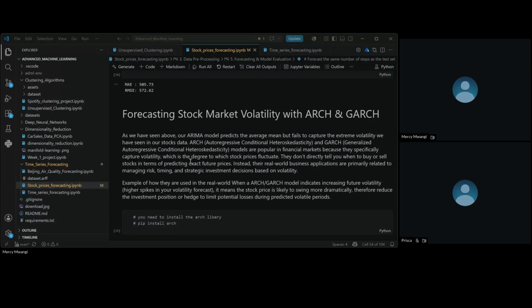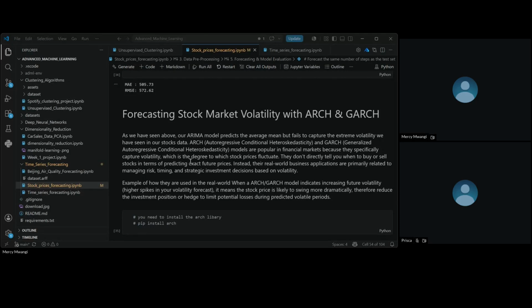Or let me move away from the price: if the volatility today is high, if the markets are bad today, the markets will be bad tomorrow. If the markets are good today, the markets will be good tomorrow. So it attempts to model that natural phenomenon of volatility clustering.